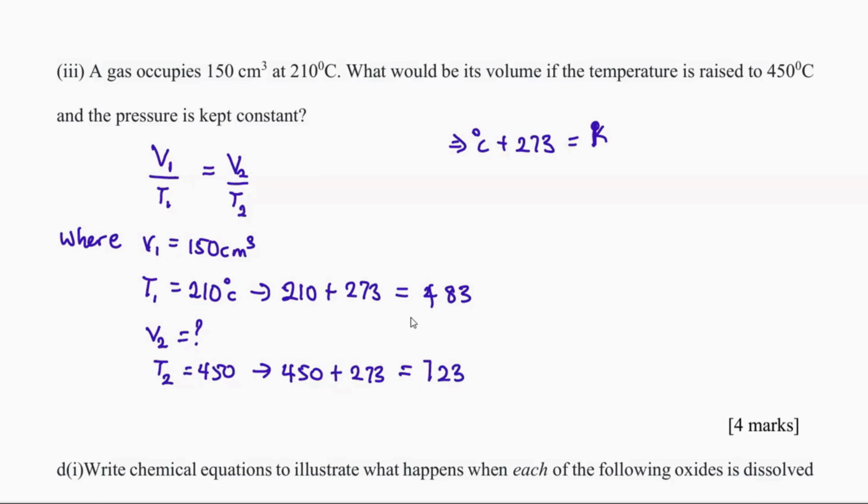Inputting into the equation, we have 150 divided by 483 equal to V2 divided by 723. Cross multiplying, we have 483 V2 equal to 150 times 723.